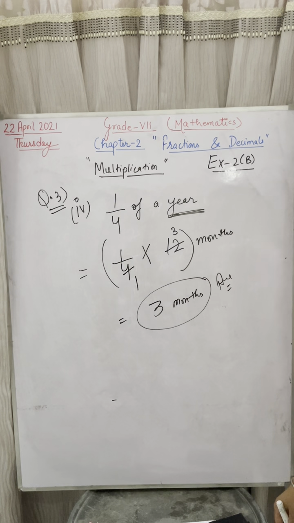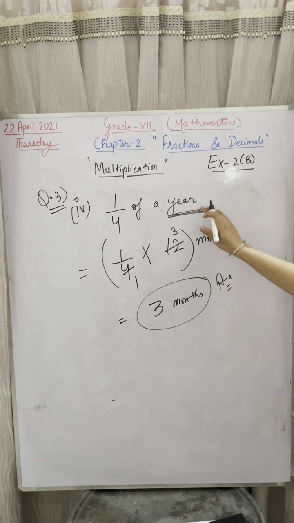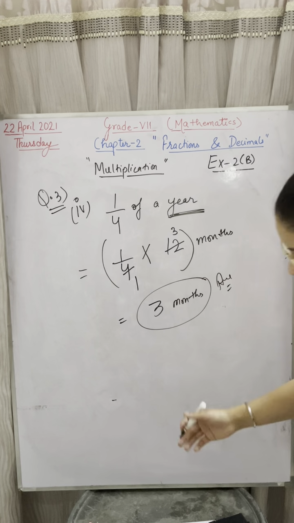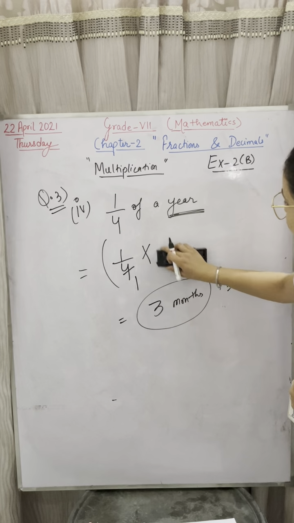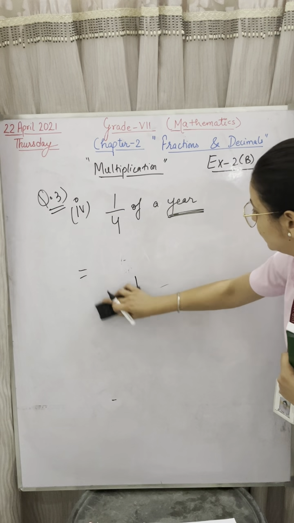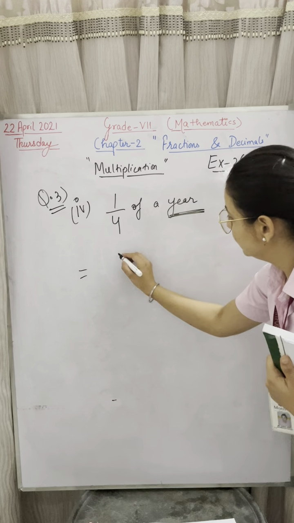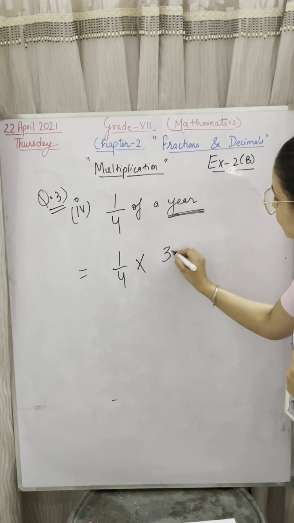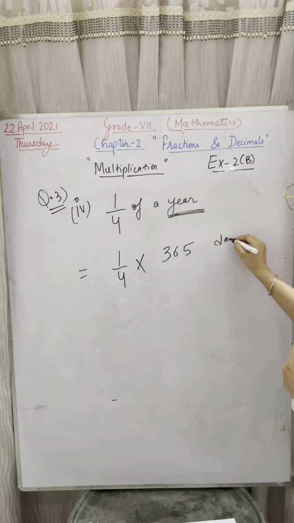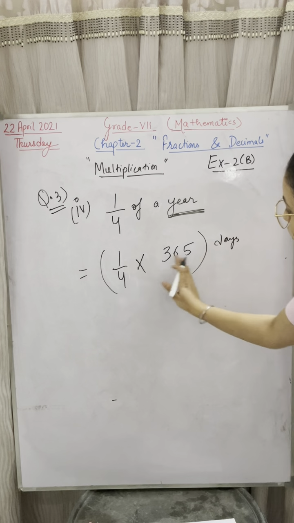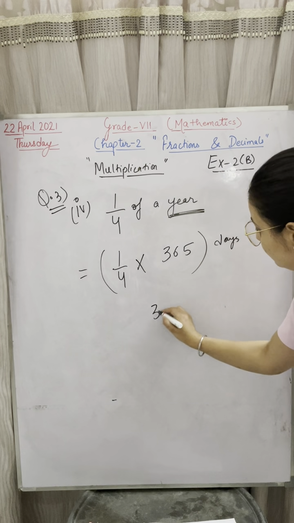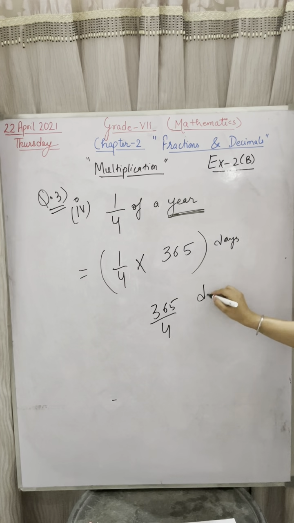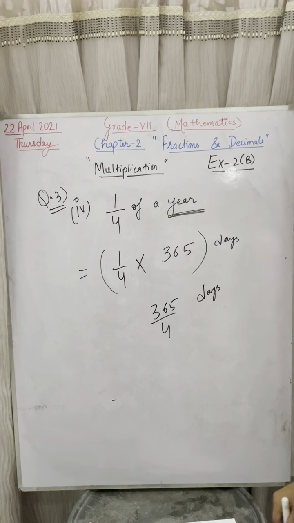Some are asking, ma'am, can we write days? You can take out your answer in days also. One student has asked, ma'am, in a year can I write 365 days? Yes, you can write that. Then you can't cancel anything, so your answer will be 365 divided by 4, but it will come in days, not months.